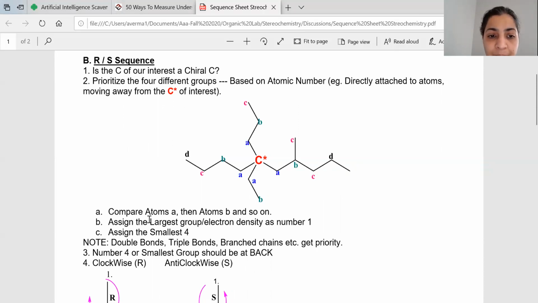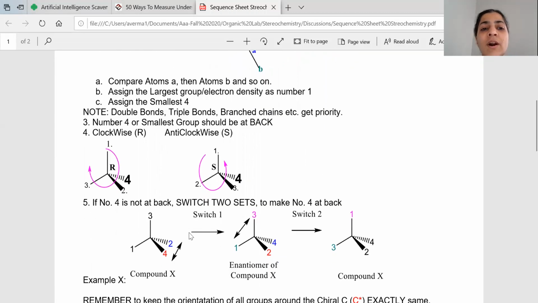Then we compare atoms A, B, and so on. We always assign the smallest group as number 4. For our structures, double bonds and triple bonds, as well as branched chains, will get priority. Your number 4 group or the smallest group should always be at the back.